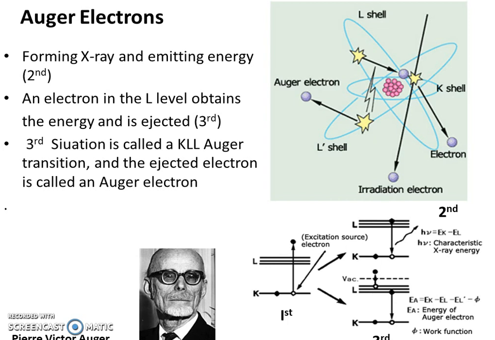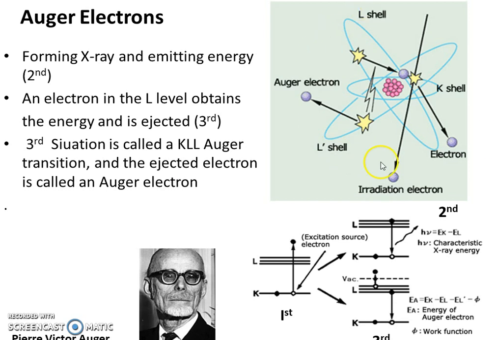This is another very important concept, because another kind of excitation or emission comes in the form of Auger electrons. How do these Auger electrons come out?